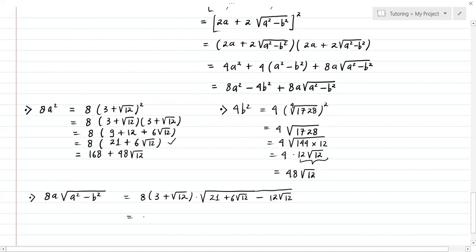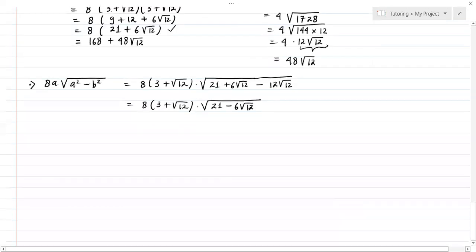So it will be 8 times 3 plus root of 12 multiplied with square root of 21 minus 6 root of 12.